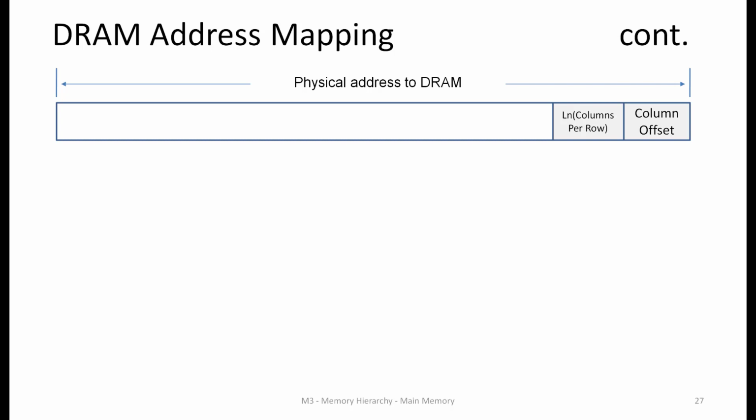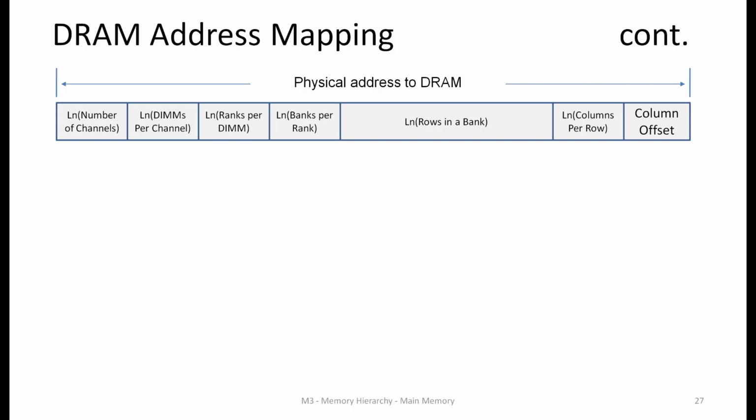After that, the log to the base 2 of the total number of columns per row will give us the column ID. Following that, we can have the number of rows in a bank. Following that, banks per rank, ranks per DIMM, number of DIMMs per channel, and eventually the number of channels.